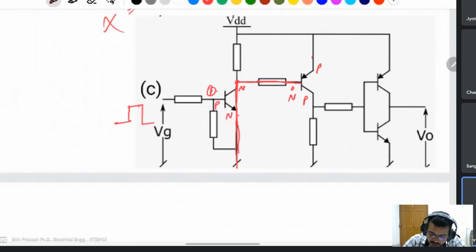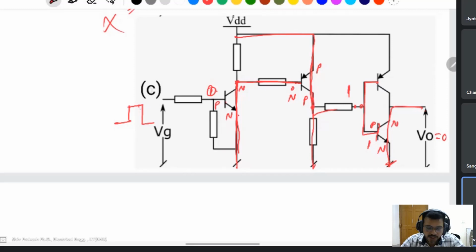And this will be ground, base is 0. It means this transistor is on. Then this transistor is on. It means the higher voltage appears on the base of this one. Both are connected through the base. This will be high. It means this will be high. This is the NPN transistor. This is high, it means the output voltage will be directly connected to the ground. The output will be 0.